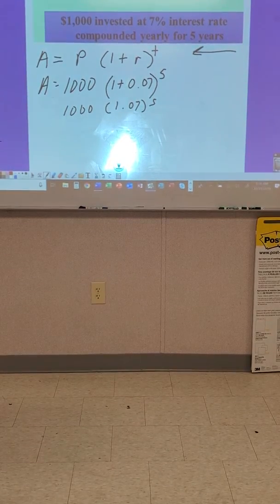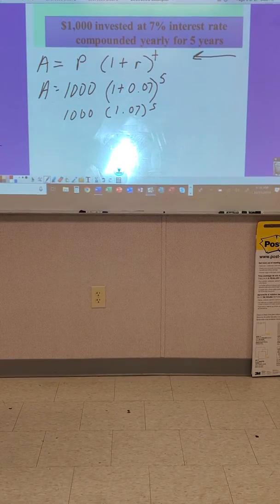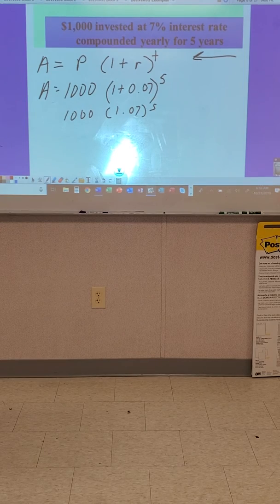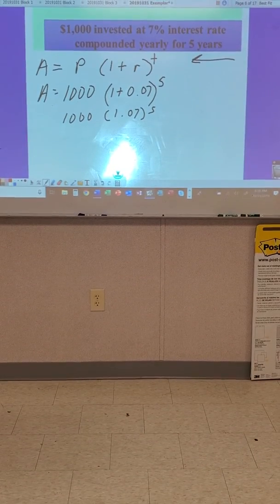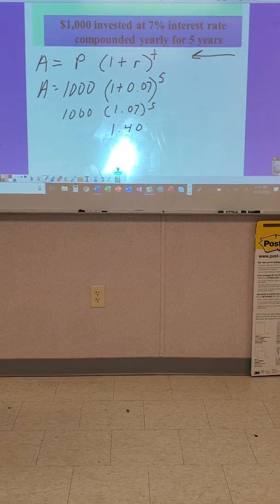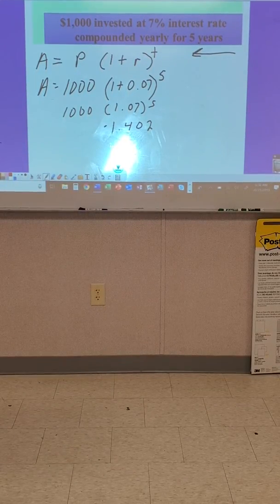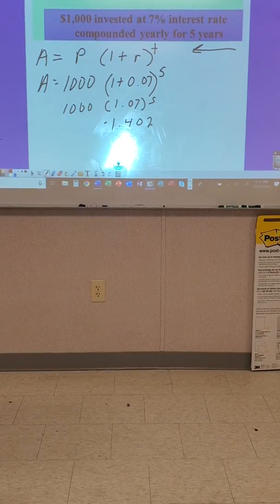So we break out the calculator and we take 1.07 and we raise that to the 5th power. We end up with 1.402. So we cleared the parentheses by clearing out that exponent.